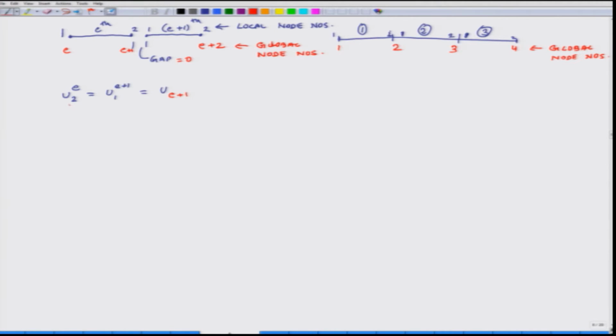So these are local degrees of freedom and this is the global DOF.